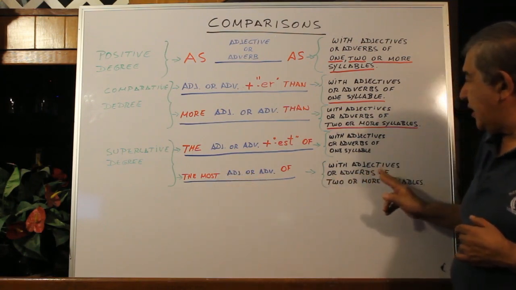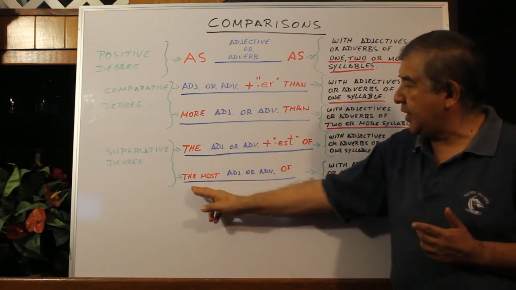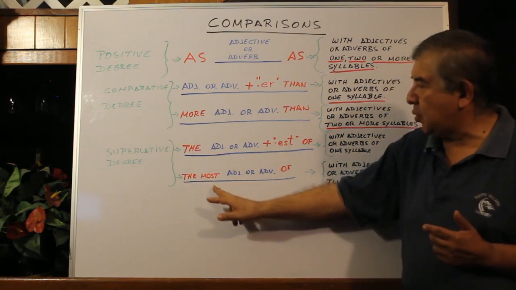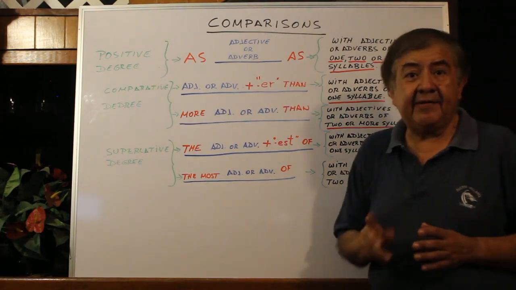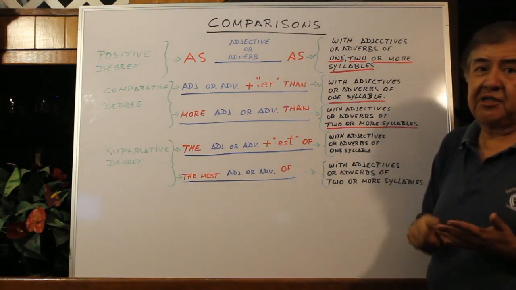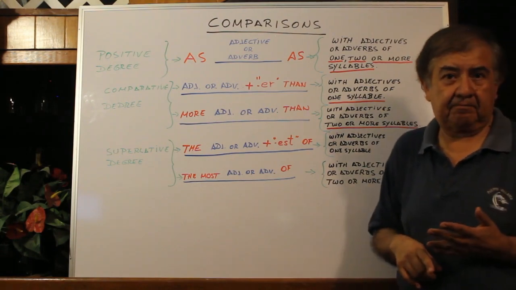When you have an adjective or an adverb of two or more syllables, then you have to use the article the, the word most, and the preposition of. This is only for those adjectives or adverbs of two or more syllables.